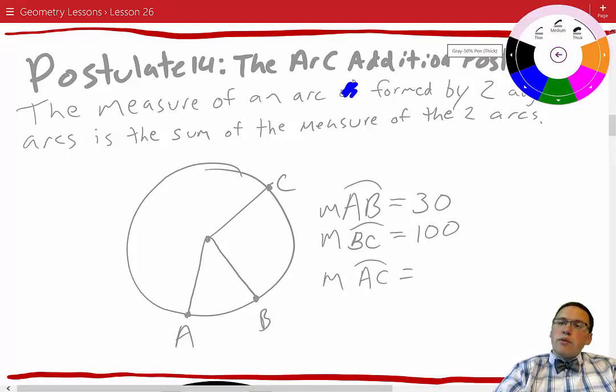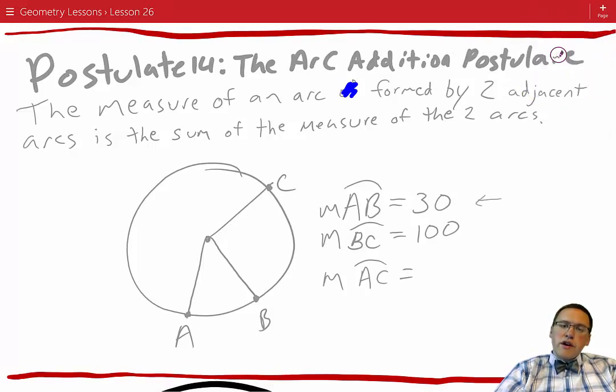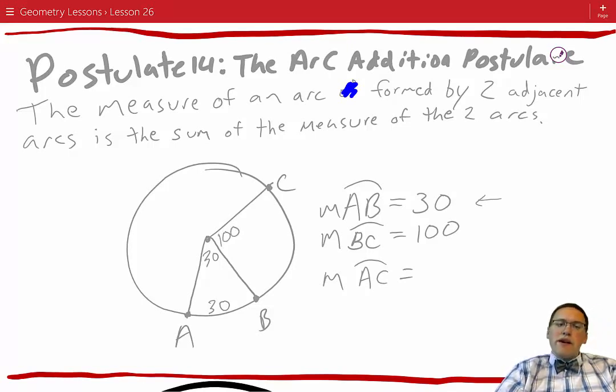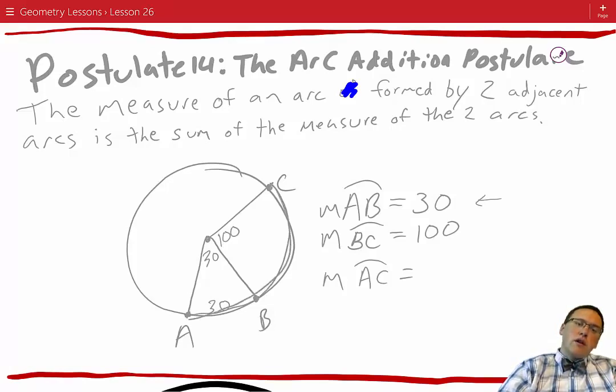So, for example, if the measure of arc AB is 30, and BC is 100, well, what is the measure of AC going around the edge here? We just add the two.